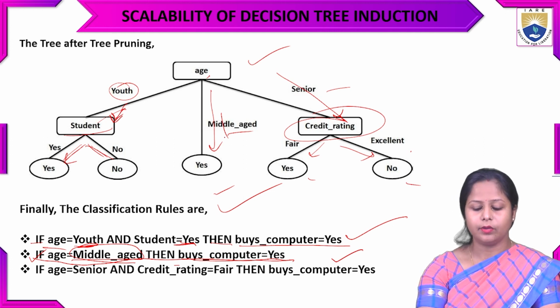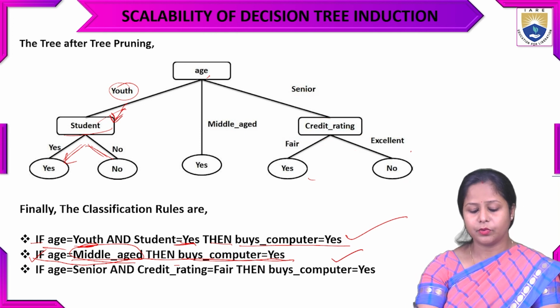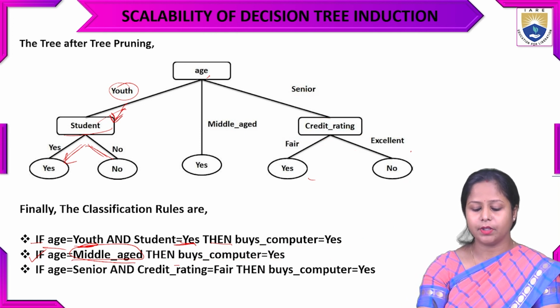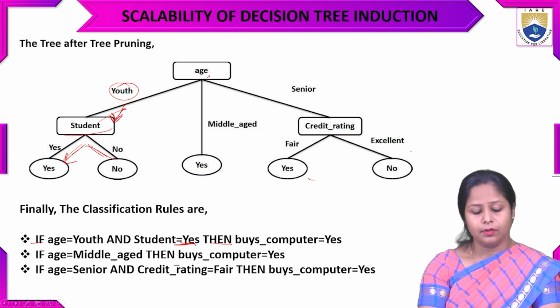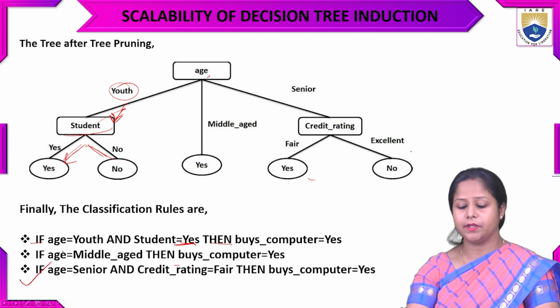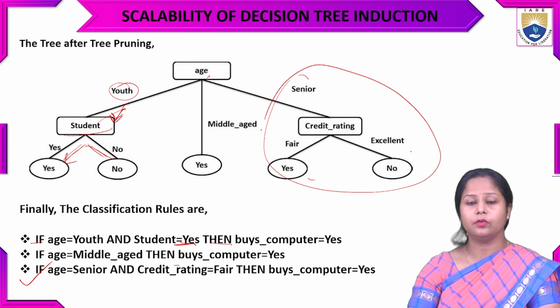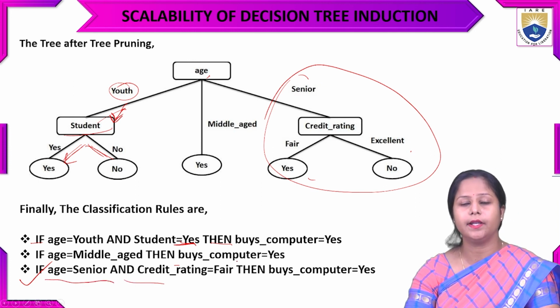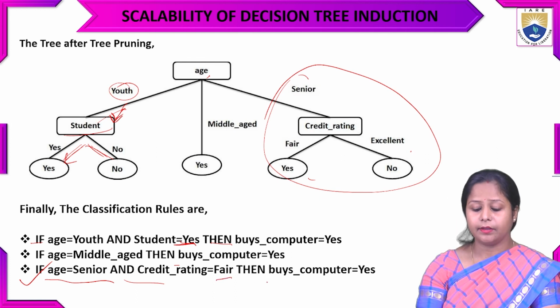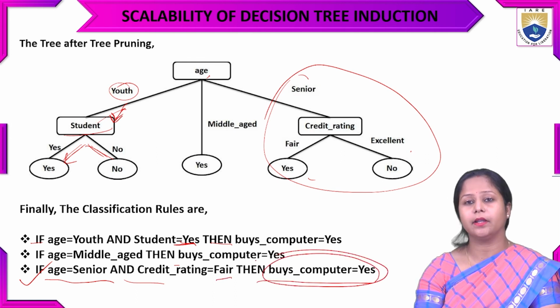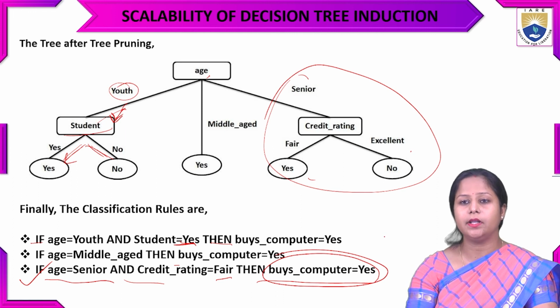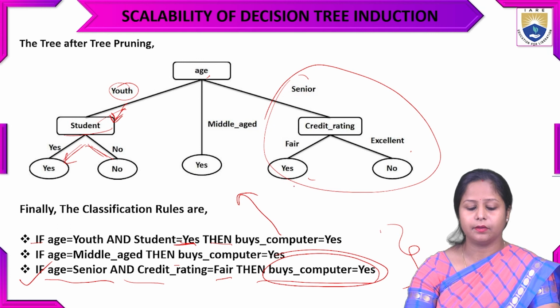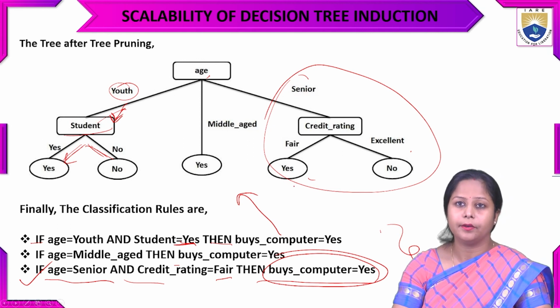So there is only one rule for this. If a middle aged person is there, surely he is going to buy the computer. For the third node, if age is equal to senior, and also he is having the credit rating as fair, then he will definitely buy the computer. So these were the three classification rules we get from this pruned decision tree.